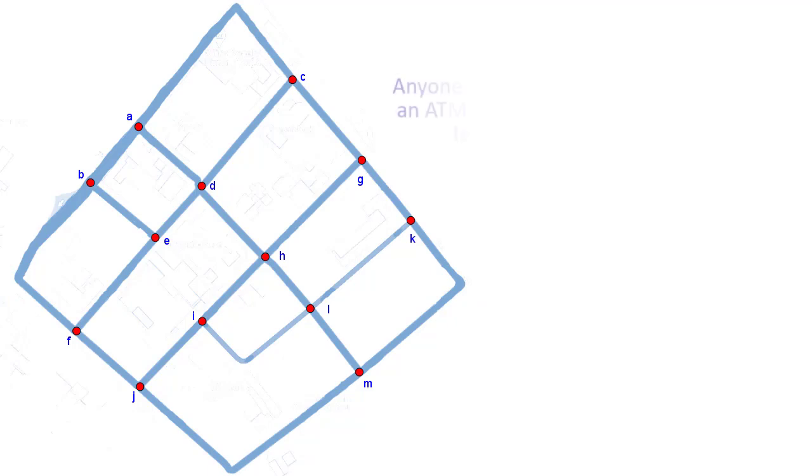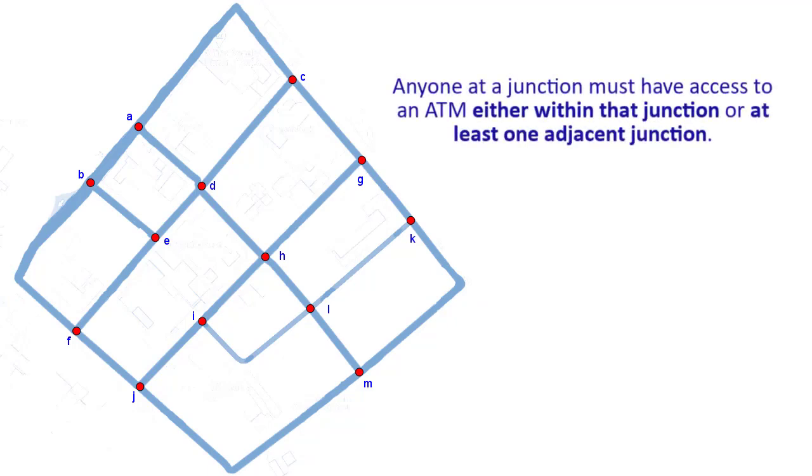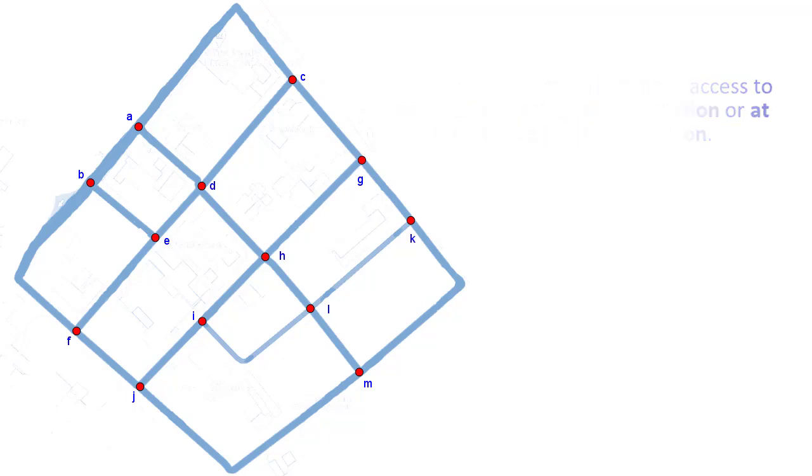The rule they adhere to is that anyone at a junction must have access to an ATM either within that junction or at least one adjacent junction. Each junction can accommodate at most one ATM.